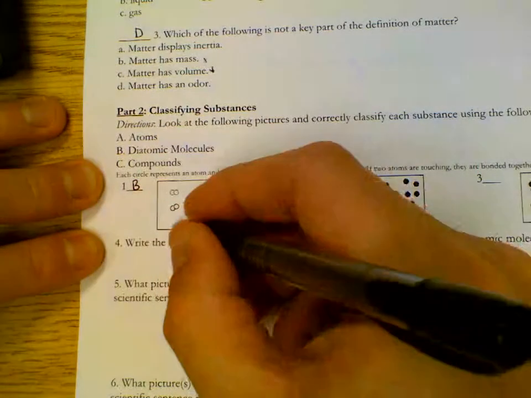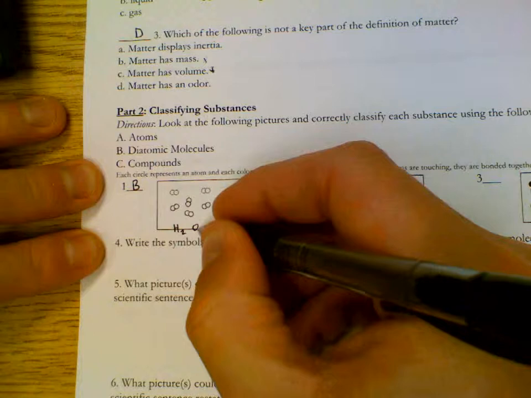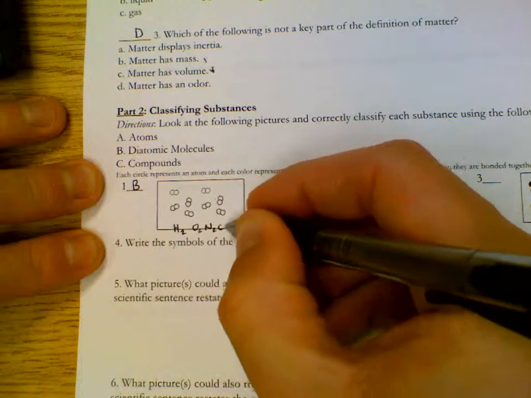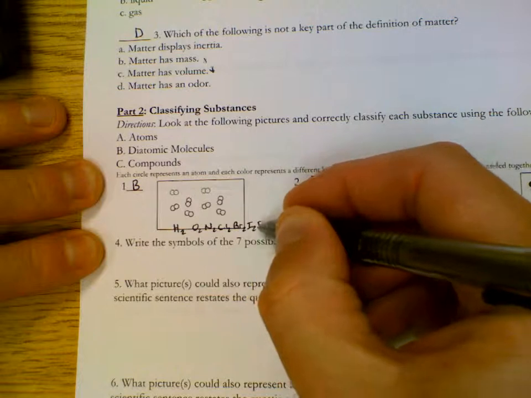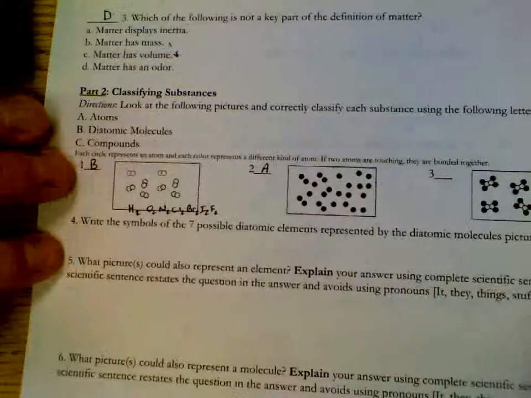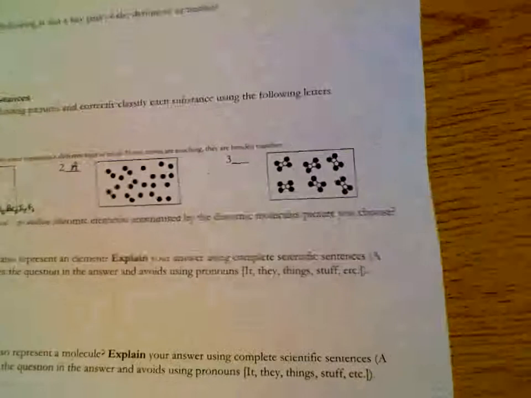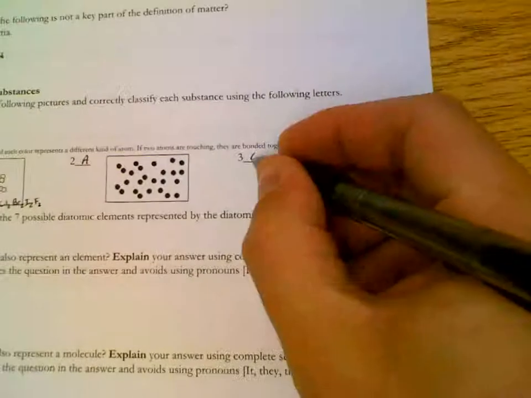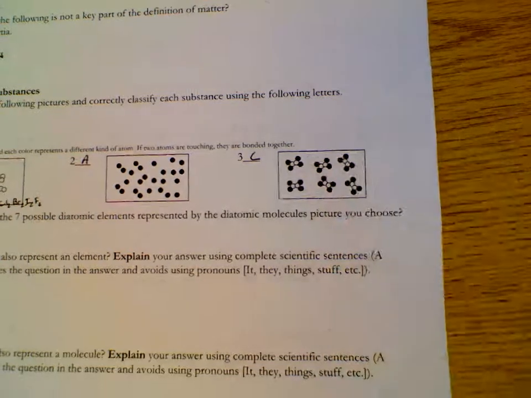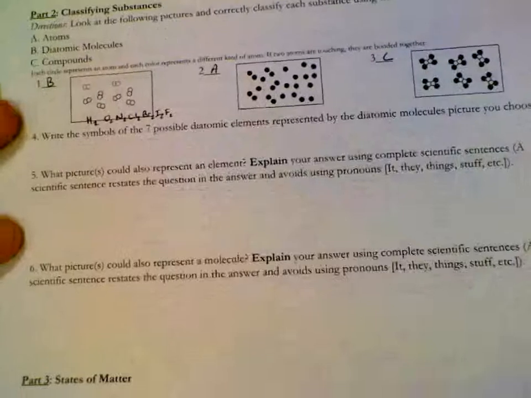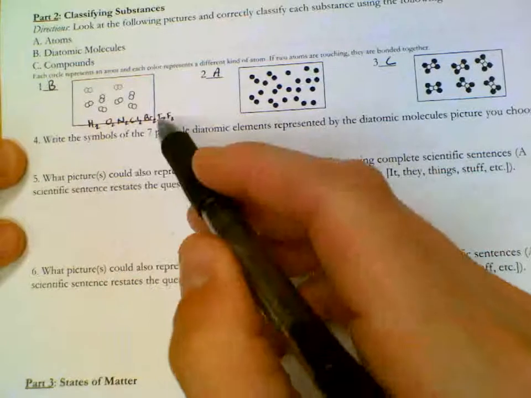B, this would be like hydrogen or oxygen or nitrogen, chlorine, bromine, iodine, or fluorine, the Hunkelbrits. And lastly, compounds would be C. So we have two different types of dots. We have the dark dots and the light dots, and they're all stuck to each other.